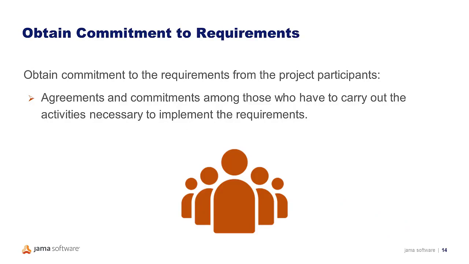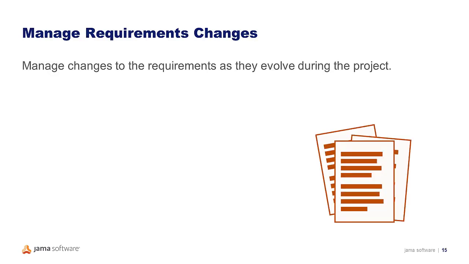Then a commitment to requirements is basically that agreement between the different stakeholders that says, if you develop this set of requirements, we're going to have satisfied customers. That agreement is usually made through approval of the requirements. Managing requirements changes is obviously the one constant in life is change.